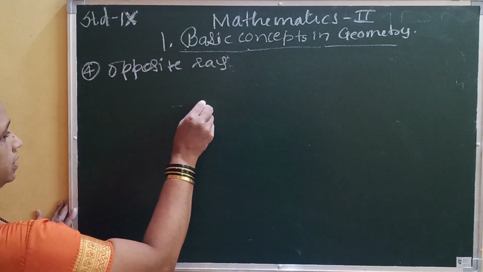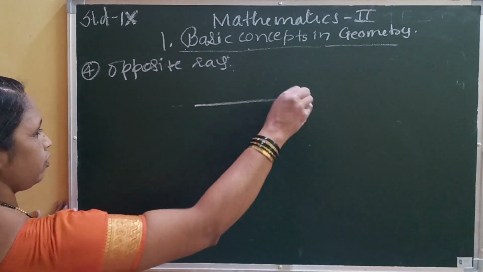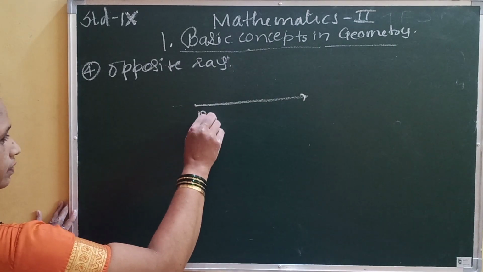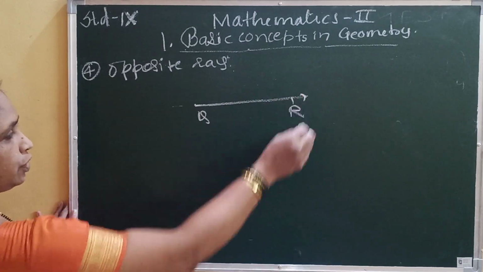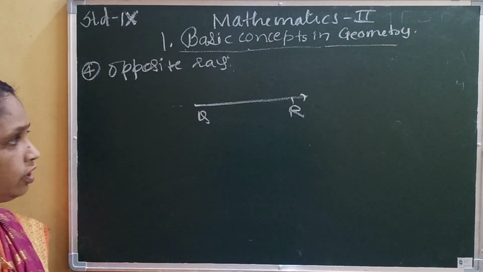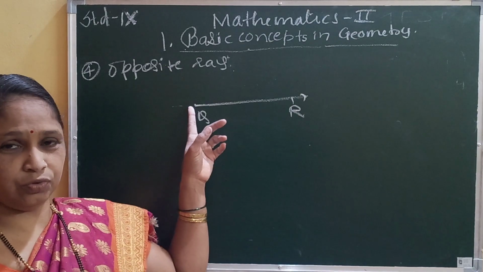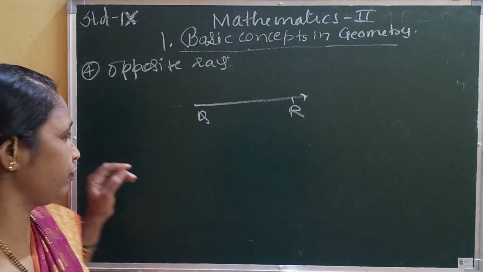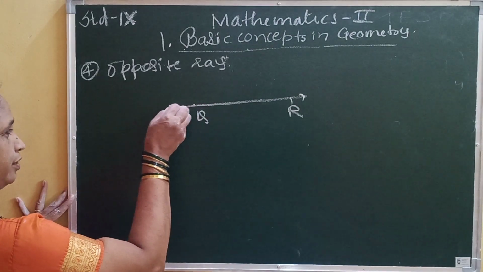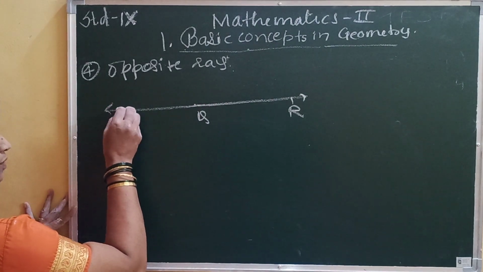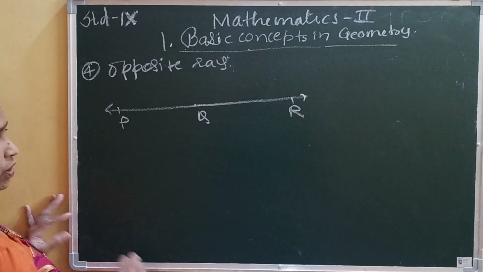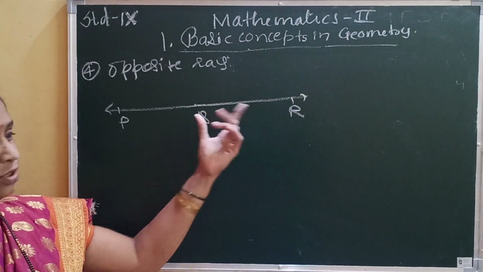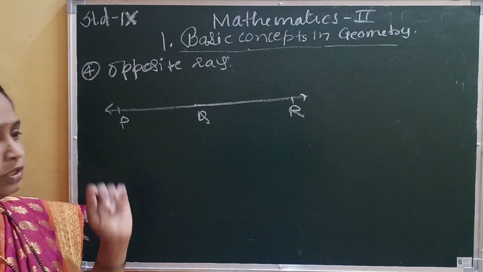Now see, this we will call ray QR. Now this is a ray, meaning Q is the origin of the ray. Now what if from here I draw another ray on this side? Which ray? I draw ray QP. Now what has it become? This has become the opposite ray.